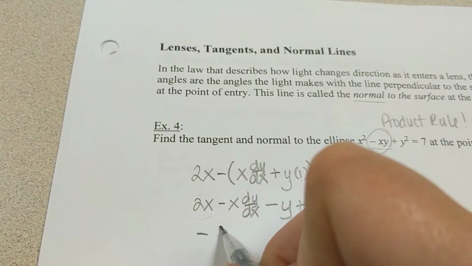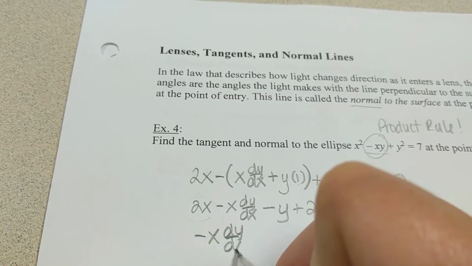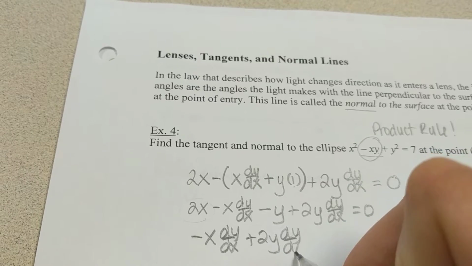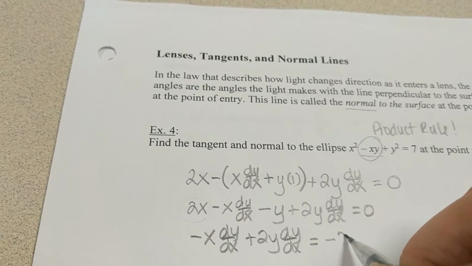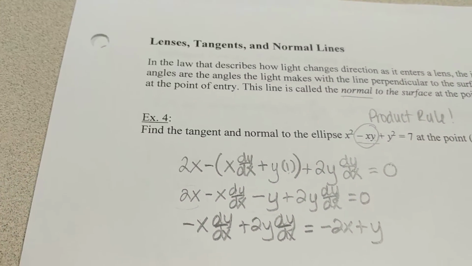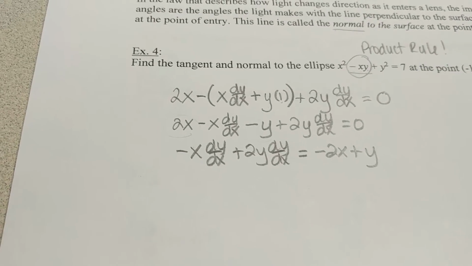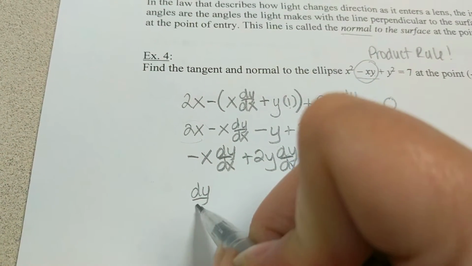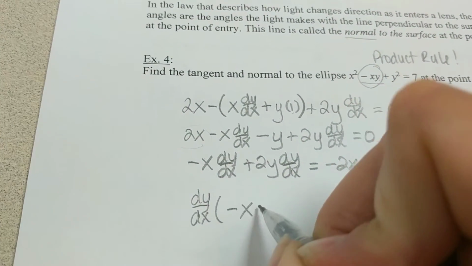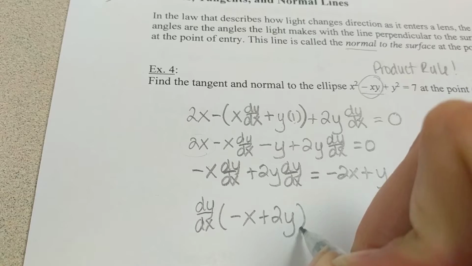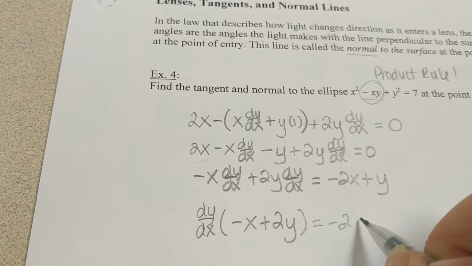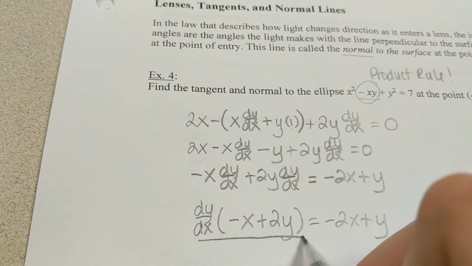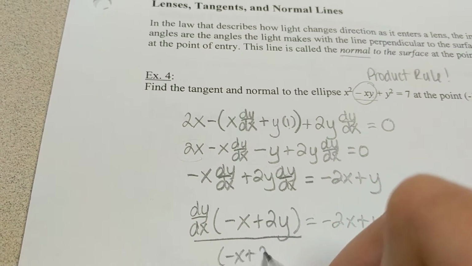So I'm left with negative x dy/dx plus 2y dy/dx equals negative 2x plus y. Next step said to factor. So I'm going to pull the dy/dx out, and I'm left with negative x plus 2y. And then solve. So divide by negative x plus 2y.